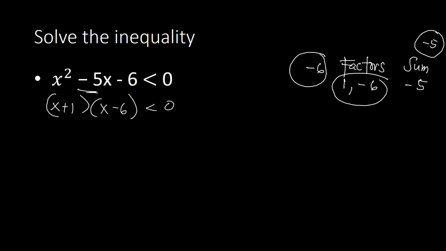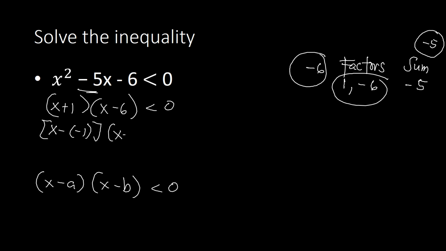Next, we go for following the format in which you have there x minus a times x minus b. That will be less than 0. So since this one is minus, we will be changing the sign here to minus. So we have here x minus, and of course, this will be negative 1. And this one, we need to retain that one, and that's less than 0.